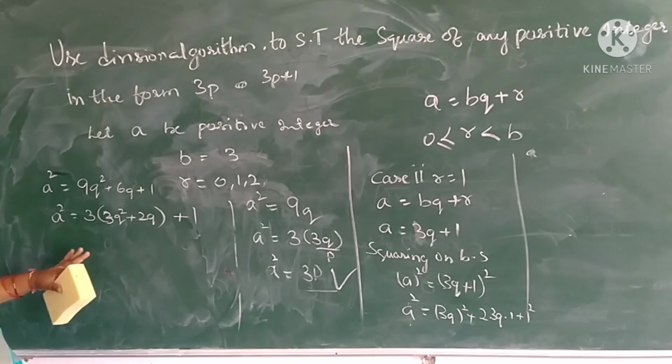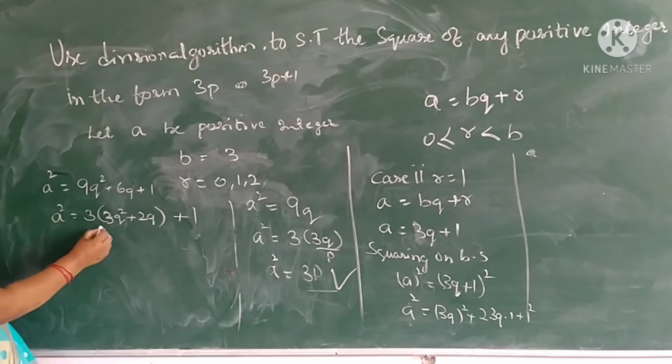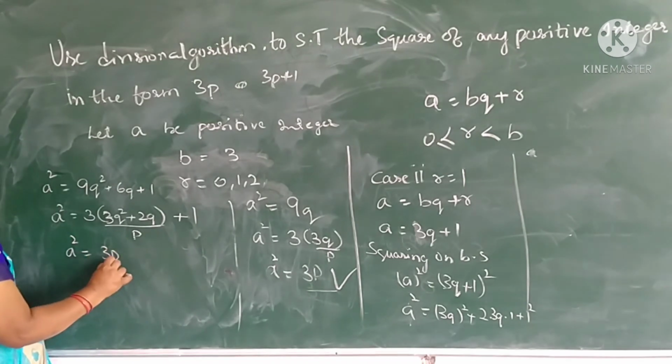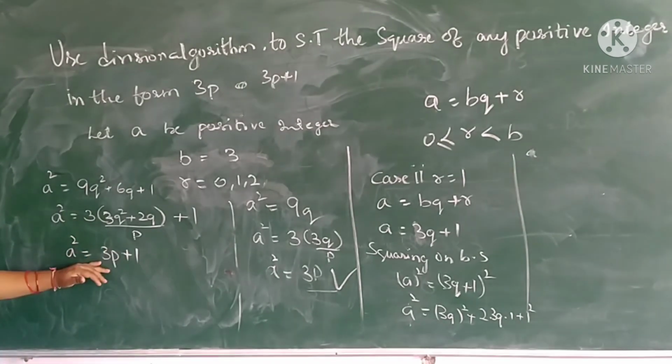So what happens if you are taking this considering it as a, a square is equal to 3 plus 1. It is in the form of 3b plus 1. Same.